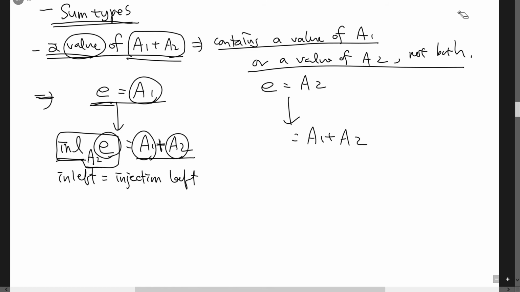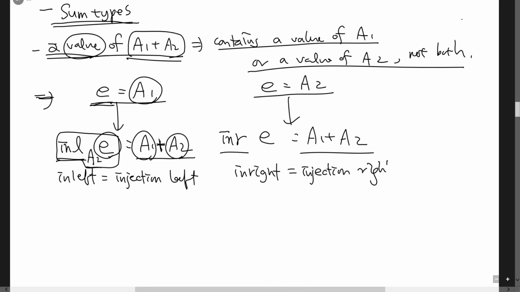Similarly, from expression E of type A2, we can create another expression of type A1 plus A2 using injection right expression E. This is inr, which stands for injection right, because we are injecting to the right side. Expression E has type A2, so we have something plus A2, and this A1 comes from this annotation.